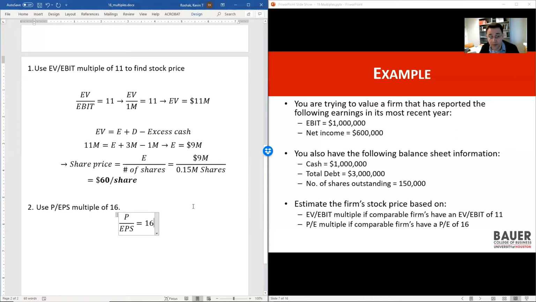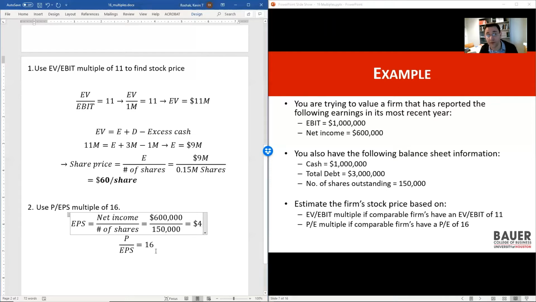What is the earnings per share for this company? The earnings per share is going to be your net income divided by the number of shares. So you get earnings divided by shares. We have $600,000 in income, and we know that we have 150,000 shares.